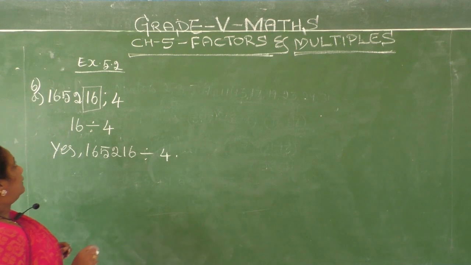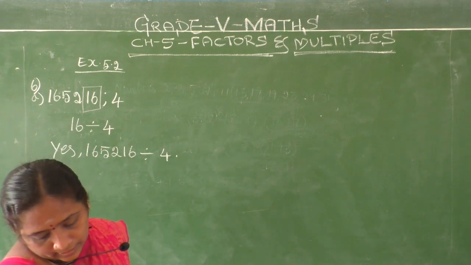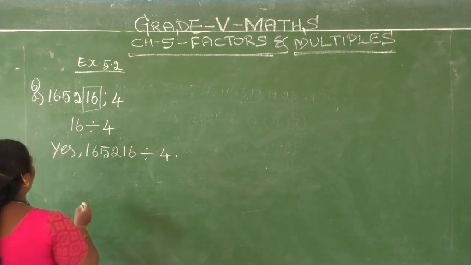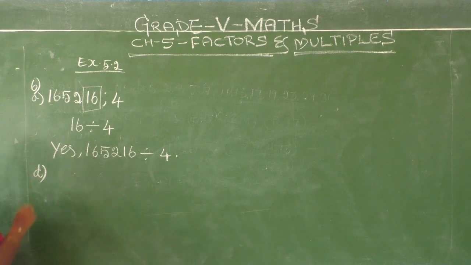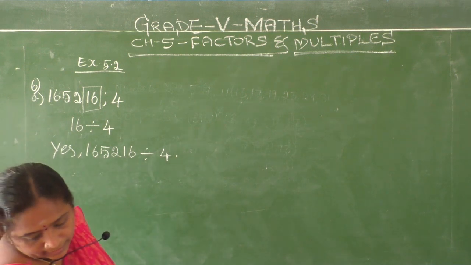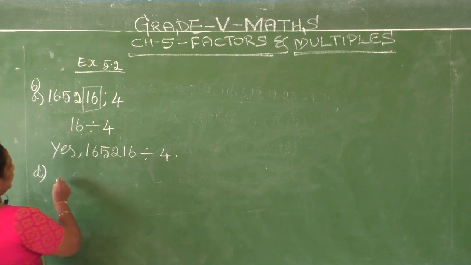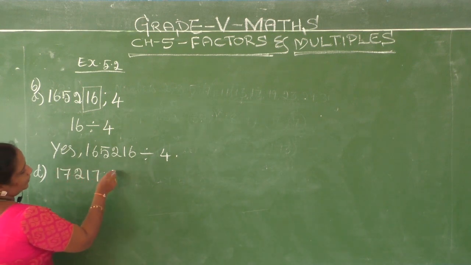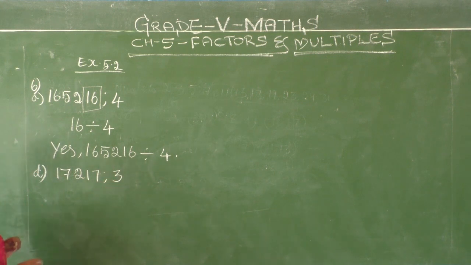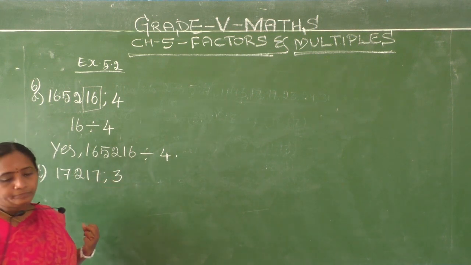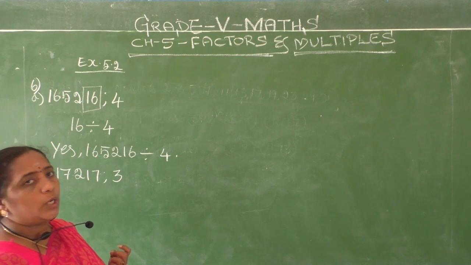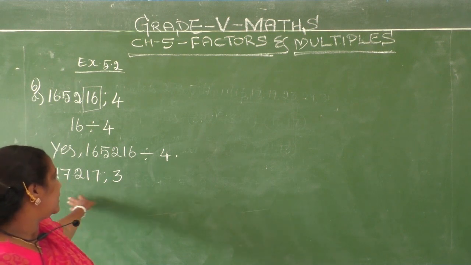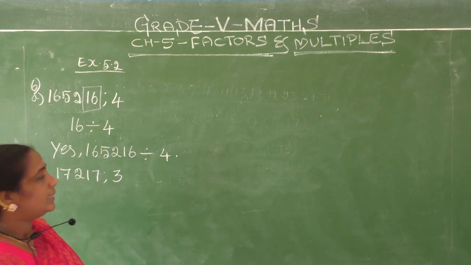Okay. Then D1, the D sum. What number did they give in D1? 17,217. The second number they gave is 3. What is the rule of 3? If the sum of all digits is divisible by 3, then the whole number is divisible by 3.